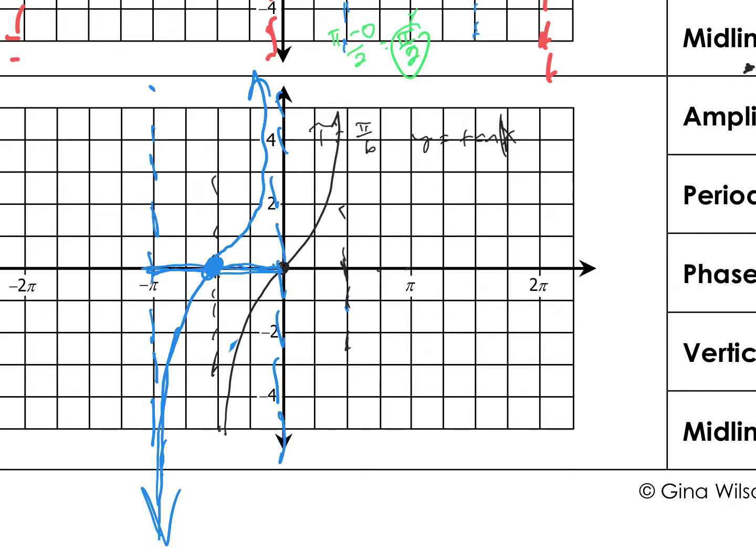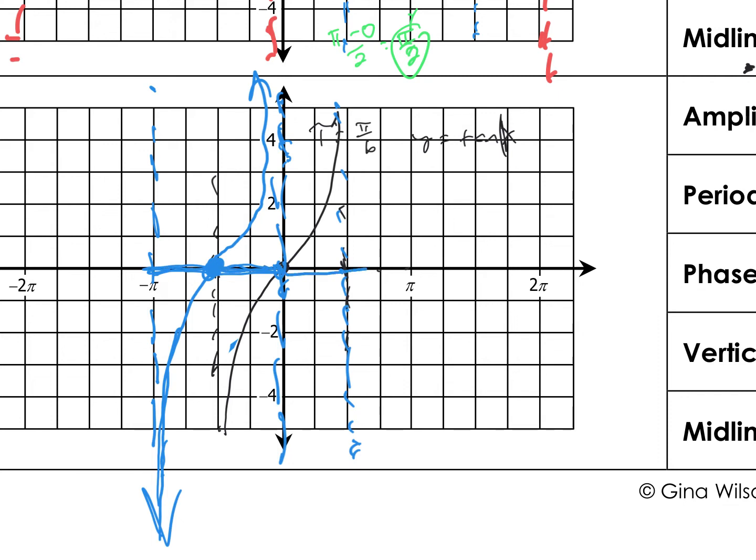That was my parent function. So now I've got to go a period again, from this asymptote another pi over 2. Well, there it is. So here it goes. I need the middle of that. Looks like here. Oh, no, I'm really wrong. I'm wrong. Whoop. This was the first pi.